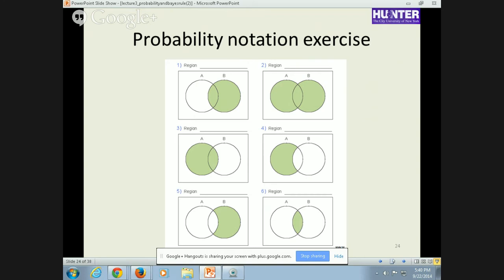So it could be P of A minus P of A intersect B. Yep, that's right. That's enough, because P of A would be this whole circle, and then you subtract out the intersection. And 5, that's basically the same.